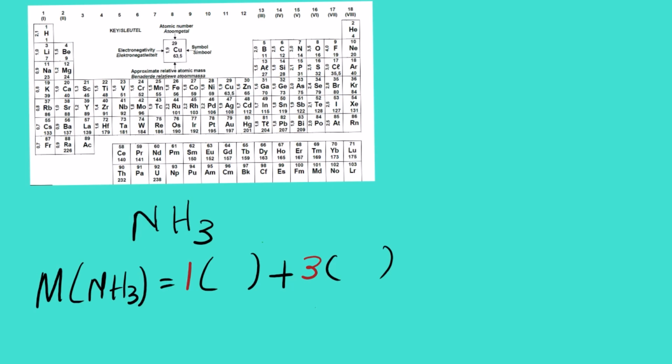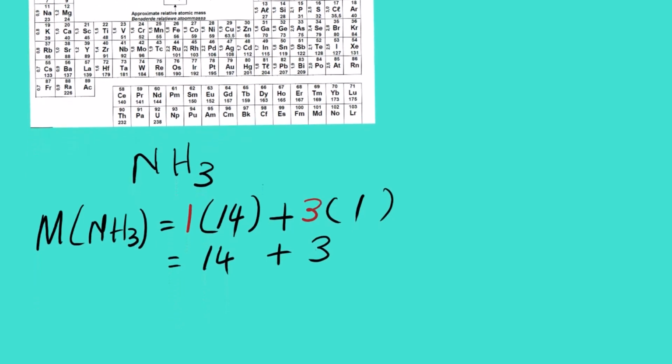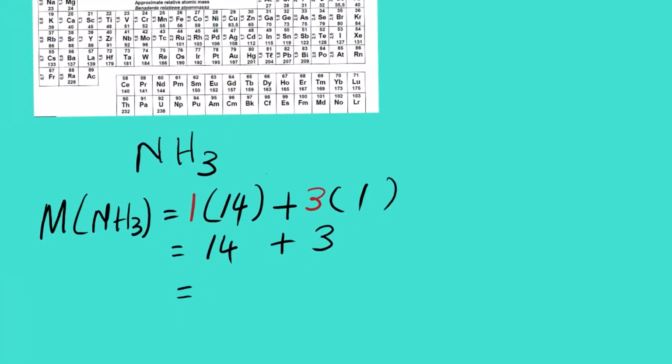Now the relative atomic mass of nitrogen is 14, hydrogen is 1. So 1 multiplied by 14 is 14, 3 multiplied by 1 is 3. Our final answer is 17 grams per mole.